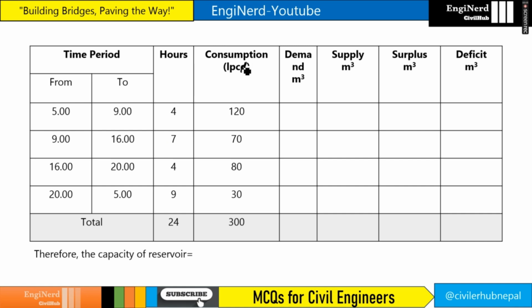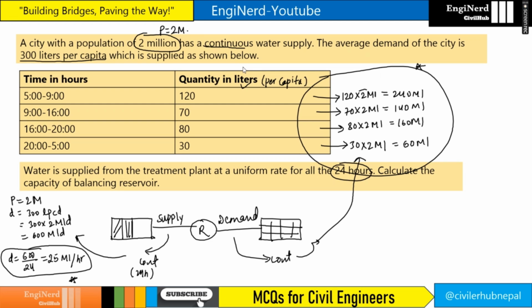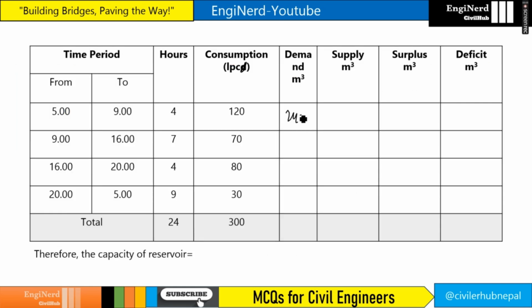Now demand, we can copy from here: 240, 140, 160 and 60. This is not meter cube, this is million liter. And for the supply part, it will be 25 million liter per hour. So 25 into time, right?